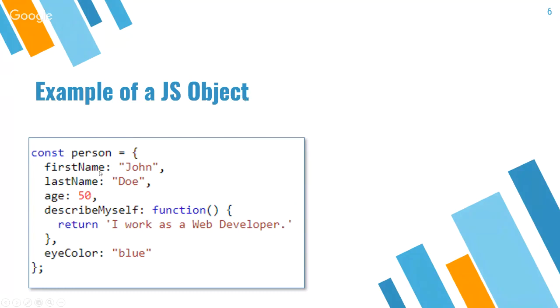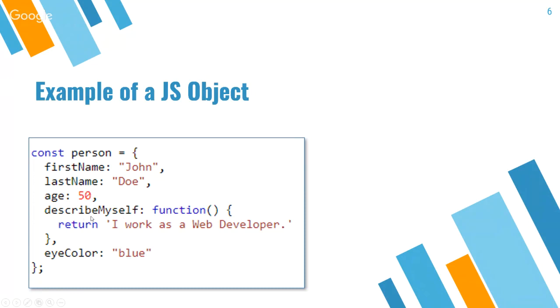The first name, which has a value of John. The last name, that has a value of Doe. And the age, that's a number. This is a number, 50, whereas these are strings. So keep in mind. And finally, the eye color is again a string that's blue.